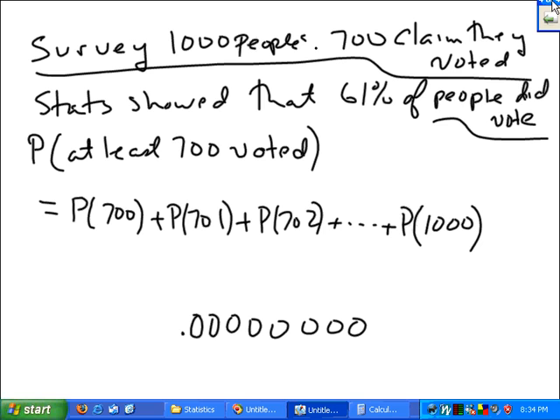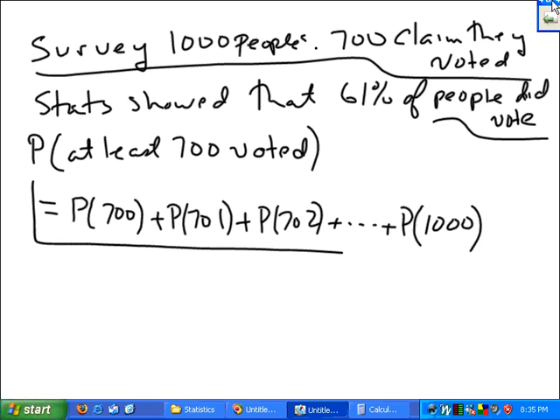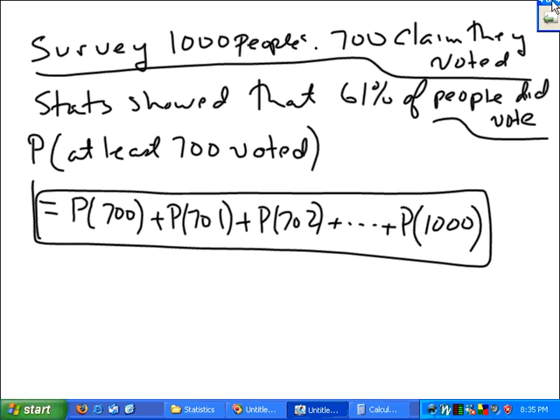Your calculator will probably just say 0. But they have a lot of zeros and then a 1 and a 4 maybe. So maybe at some point you wouldn't have to go all the way up to 1,000, but nonetheless, that is in theory how you would do it using a binomial distribution. But that's ridiculous. What we're going to do is approximate this by a normal distribution.